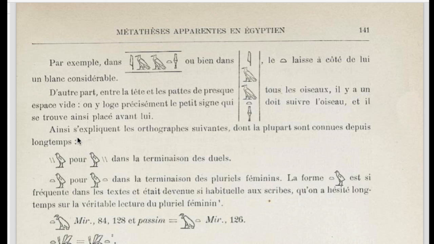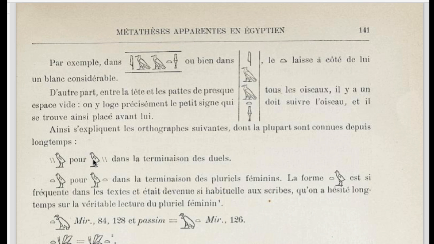So this explains the following spellings, most of which have been known since a long time. Here are examples. We have the diagonal strokes before the bird, which is really how this should be spelled, the diagonal strokes coming after the bird. This is a quail chick, by the way.